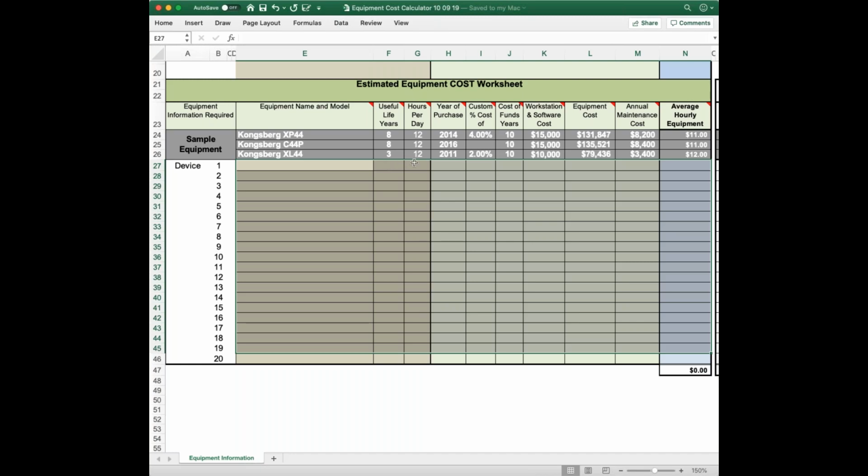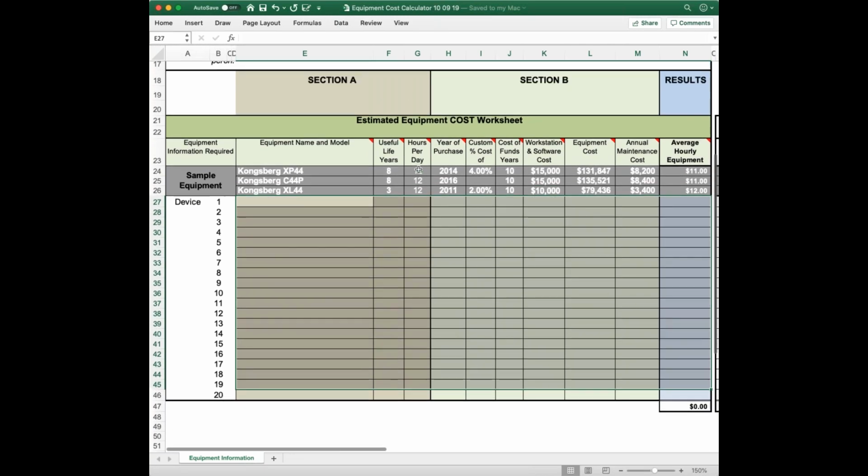And then the other absolutely critical value is the best judgment on how many hours a day that machine is used on average. We'll see the sensitiveness of that piece of information later.